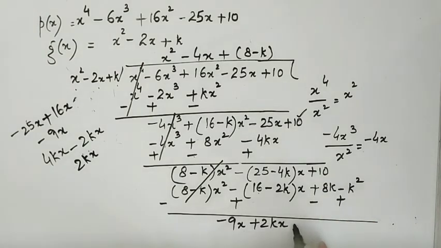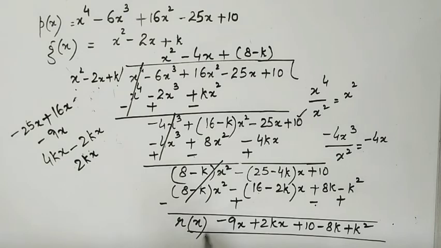And 10 constants are written as such, they can't be simplified. Minus 8k plus k square. This is our remainder. Remainder has got two terms with variable x and three terms that are constant terms.